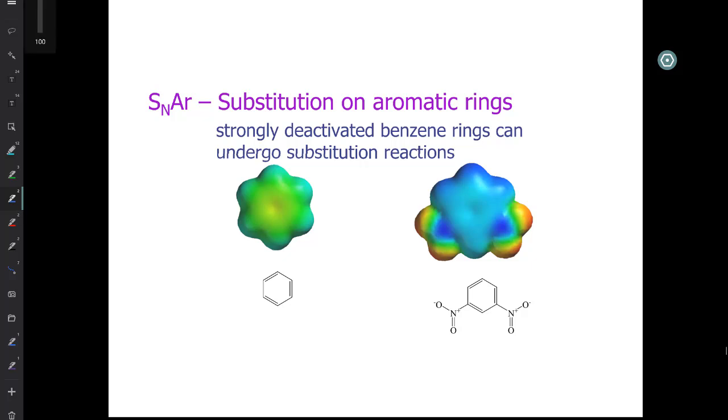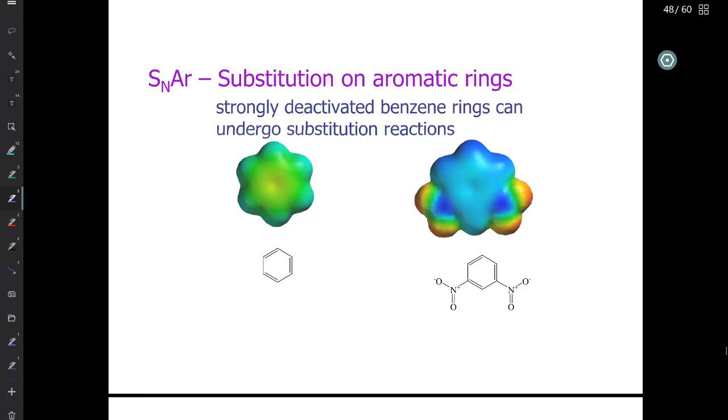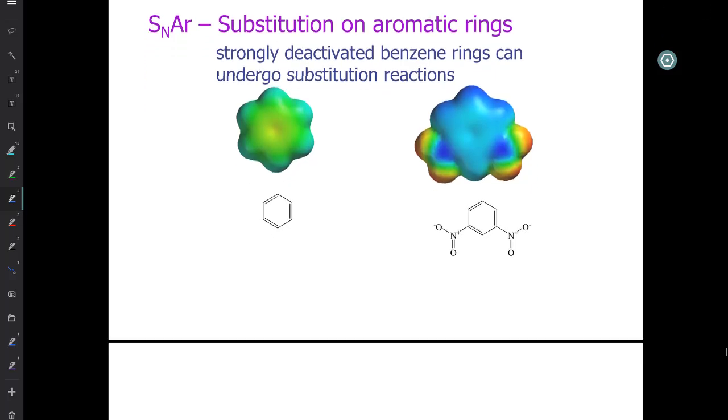So the last important class of reactions are known as nucleophilic aromatic substitution reactions, or SNAr reactions. In an SNAr reaction, what you have to have is two strongly deactivating substituents on the ring.